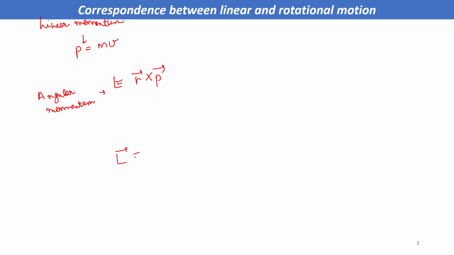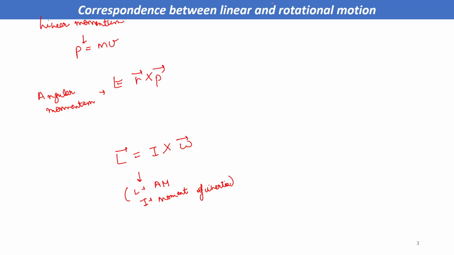That is, angular momentum is equal to moment of inertia into the angular velocity. So L is your angular momentum, I is your moment of inertia. So now we know the relation between the angular velocity, the angular momentum and the moment of inertia, that L is equal to I omega. These were some terms that we use, like linear momentum, angular momentum, linear velocity and angular velocity.